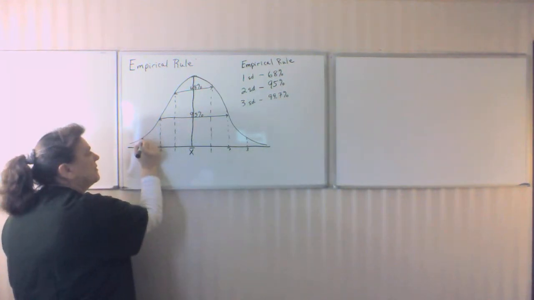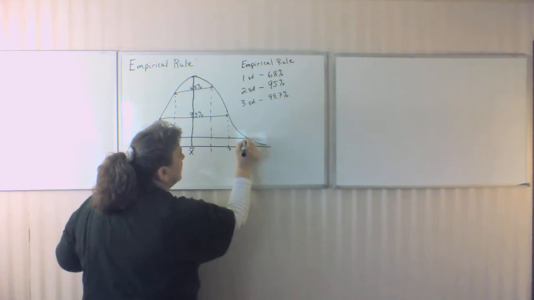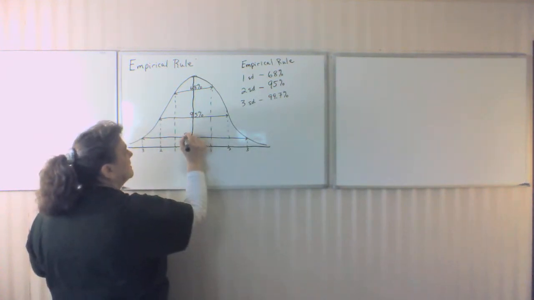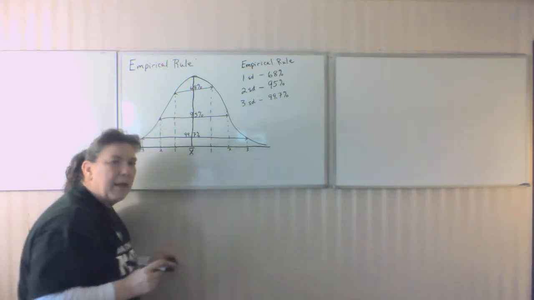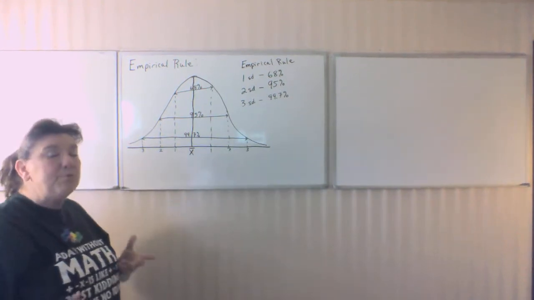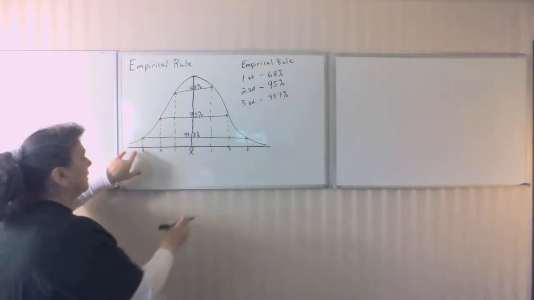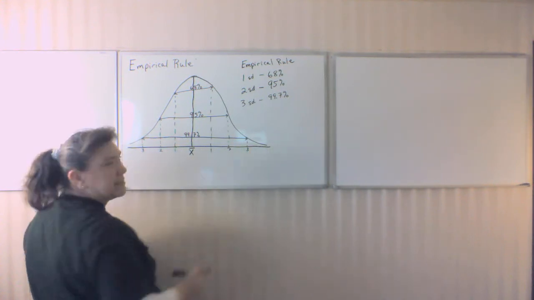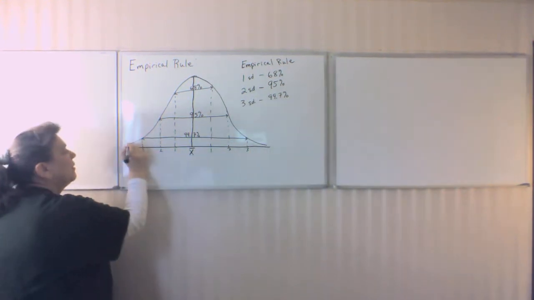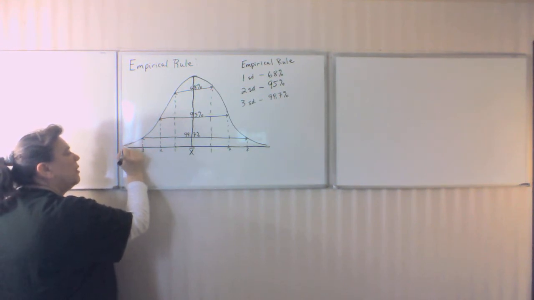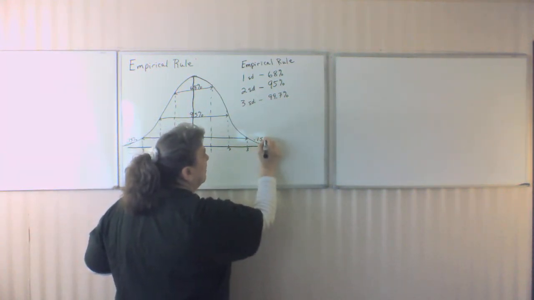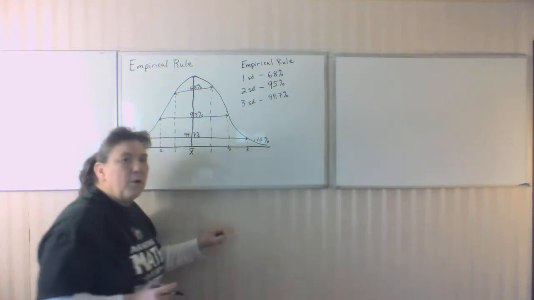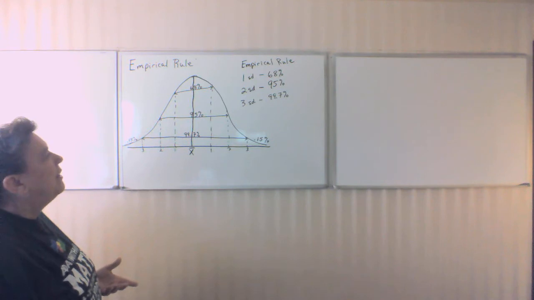In other words, from this one all the way to here contains 99.7% of the data. That leaves only 0.3% of the data for these two little tiny tails on either side. Therefore, this tail contains 0.15% of the data, and this tail up here contains 0.15% of the data.